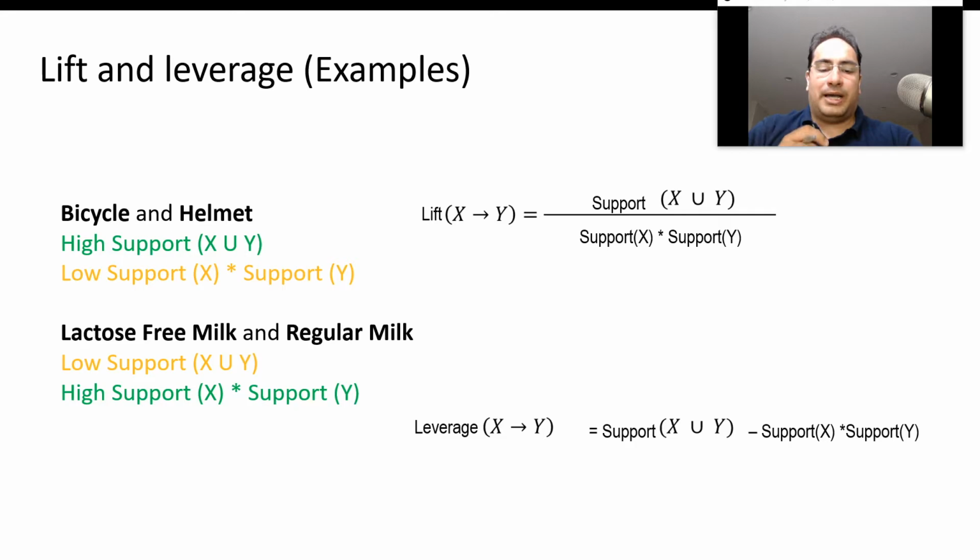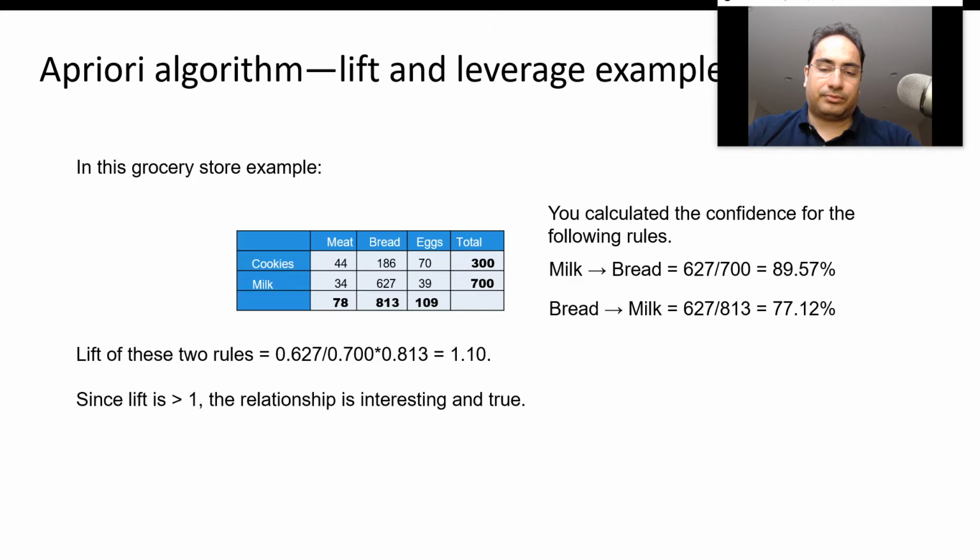So people who buy regular milk probably do not buy lactose-free milk, and people who buy lactose-free milk probably will not buy regular milk. So that is the relationship that you could find out.